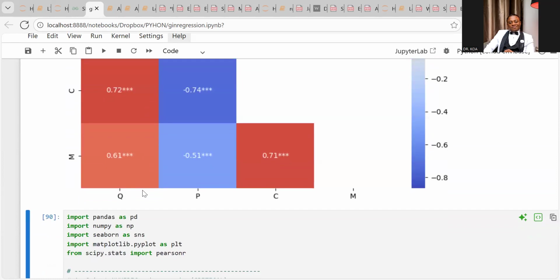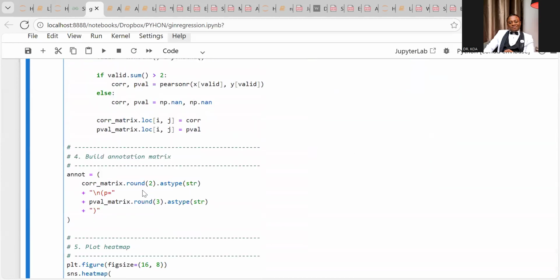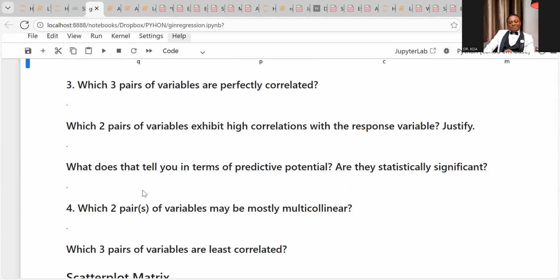Please, the dependent variable is the quantity demanded. Why? Because the price would determine the quantity that will be demanded by a group of people. Good. You're right. The quantity demanded is a dependent variable, a response. It's also the target. So the question says that if you are having this target in front of you, which two variables are highly correlated with this target variable?